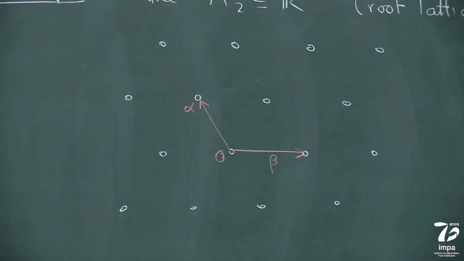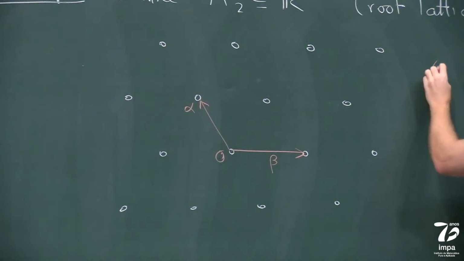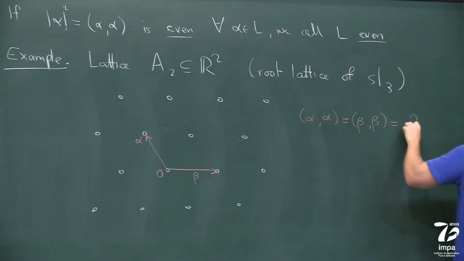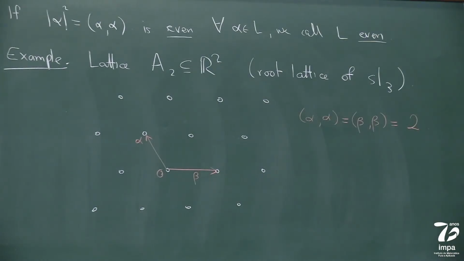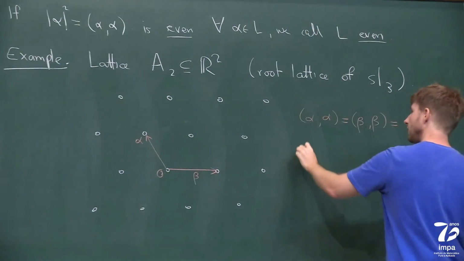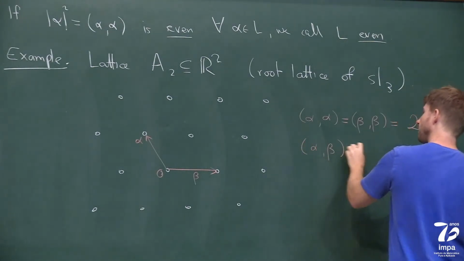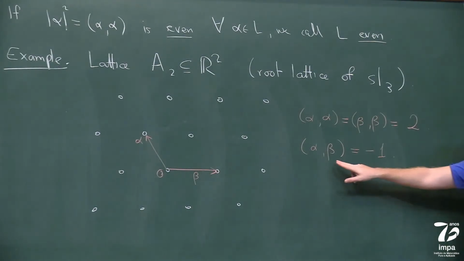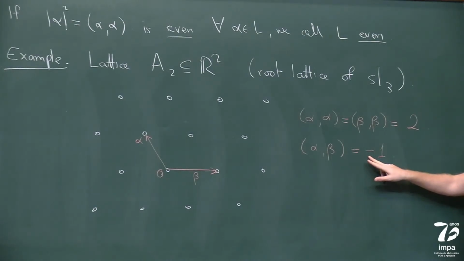And here's a basis for the lattice, alpha and beta. And (alpha, alpha) and (beta, beta) is 2. So you can deduce that the lattice is even. And just to be careful, being even doesn't necessarily mean that all the inner products are even integers. The product between alpha and beta is -1.